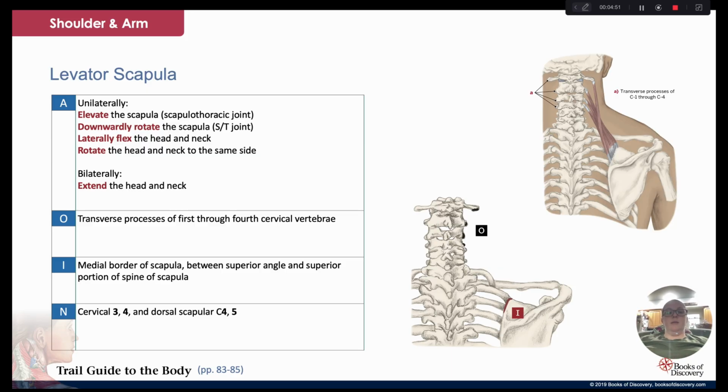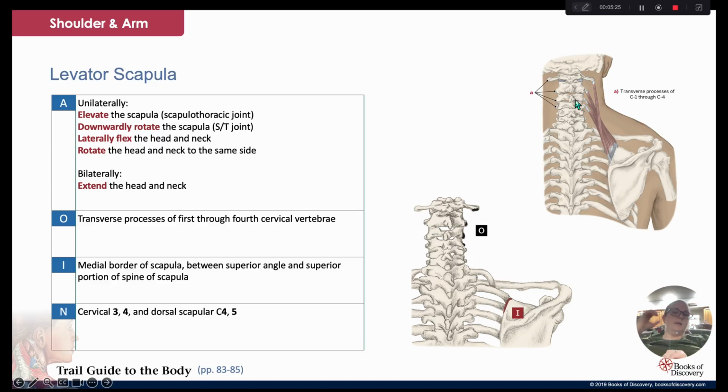It originates on your transverse processes. We'll call them the wings of your spine. So you have your spinous process, that are the dinosaur spikes, and your wings, that are the transverse process. So the transverse process of the first through the fourth cervical vertebrae. It attaches way up here, and you'll see in this picture all the tiny little sections of it connecting from 1, 2, 3 to 4, right?